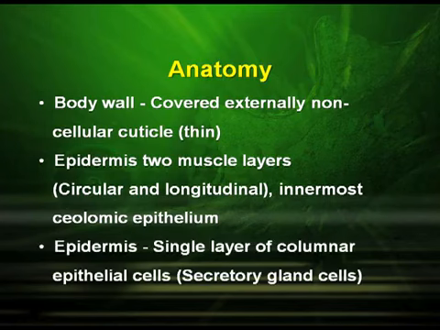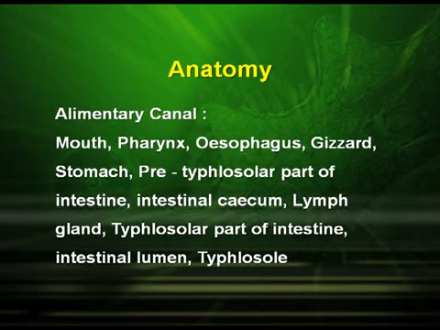The epidermis is made up of a single layer of columnar epithelial cells which are secretory in function. The alimentary canal includes organs like mouth, pharynx, esophagus, gizzard, stomach, pre-typhlosolar part of intestine, intestinal cecum, lymph gland, the typhlosolar part of intestine, the intestinal lumen and the typhlosole.